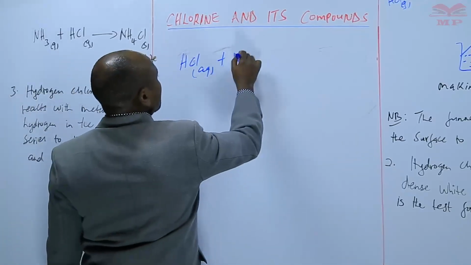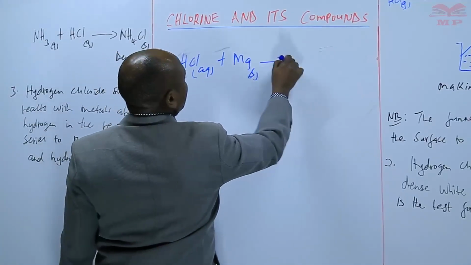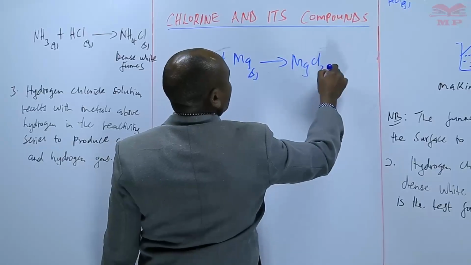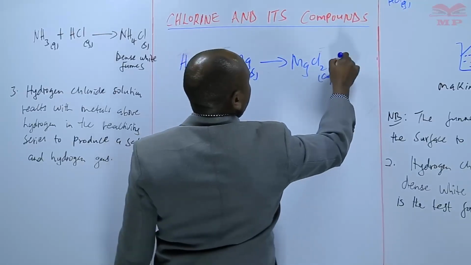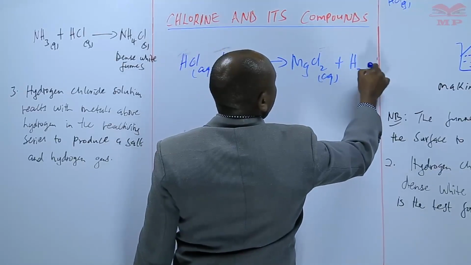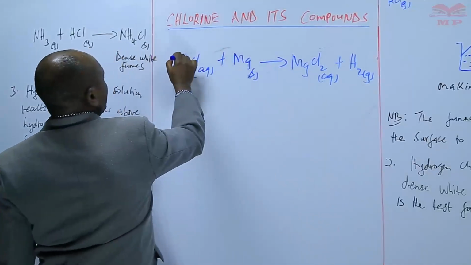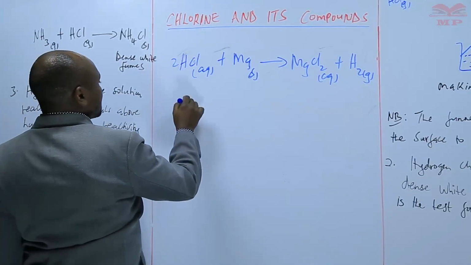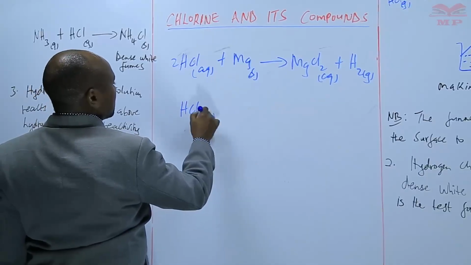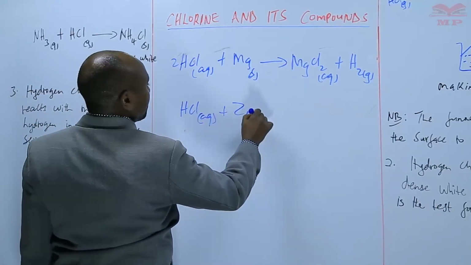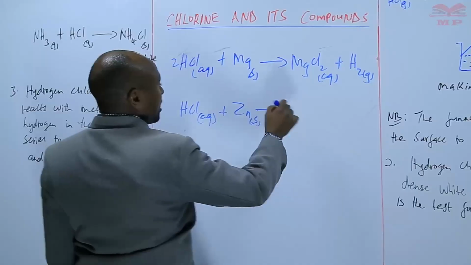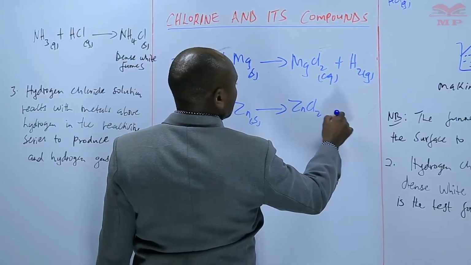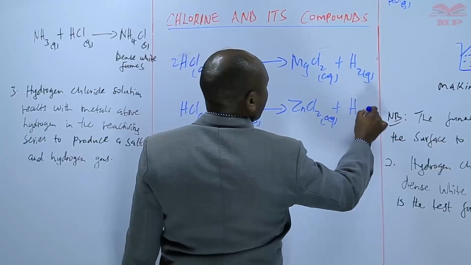Let's say it's magnesium. We'll get magnesium chloride plus hydrogen gas. Balance the equation. If you have a metal such as zinc, then we shall have the salt, which will be zinc chloride, plus hydrogen gas.